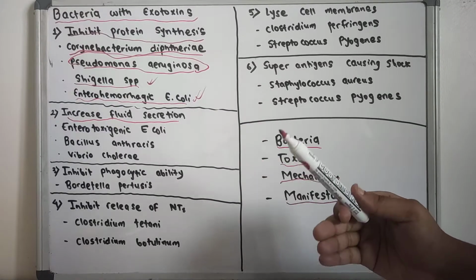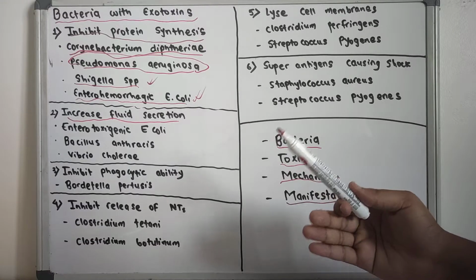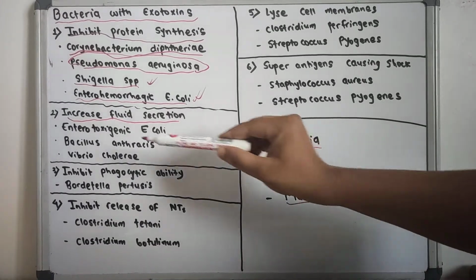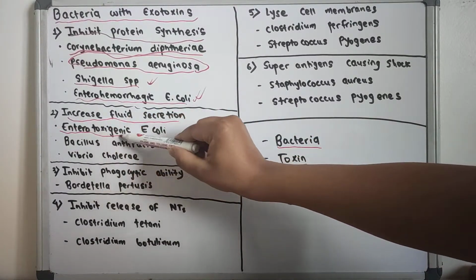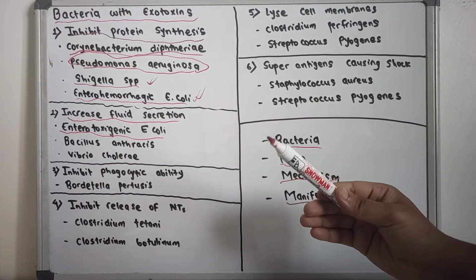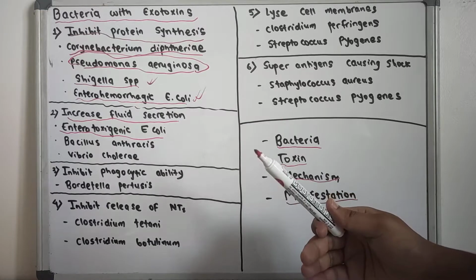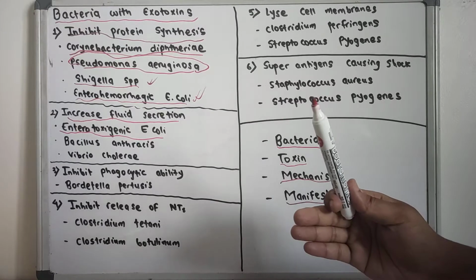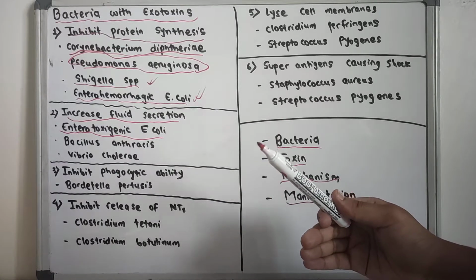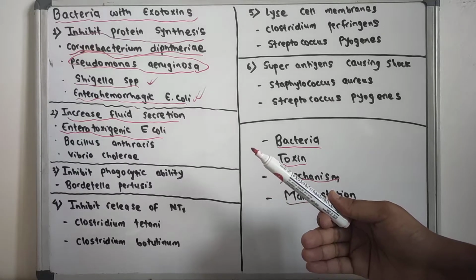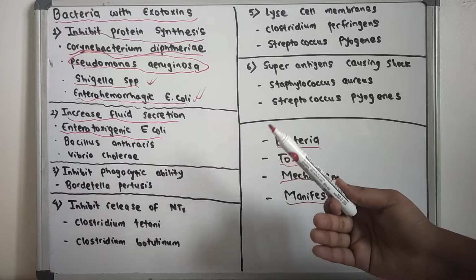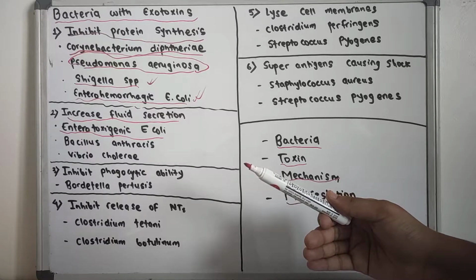Let us talk about their toxins, mechanism of action, and manifestation. The enterotoxigenic E. coli will secrete the heat labile toxin. The heat labile toxin acts by overactivating adenylyl cyclase, which increases the chloride secretion in the gut and the water efflux.